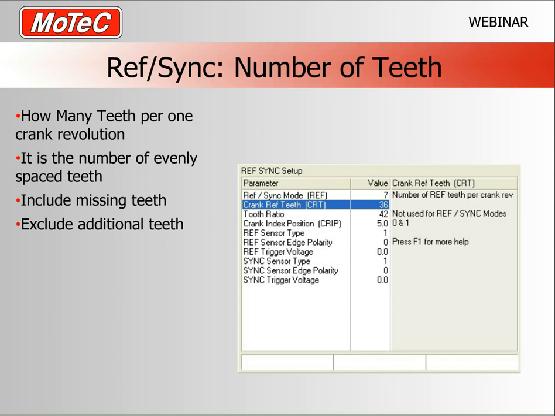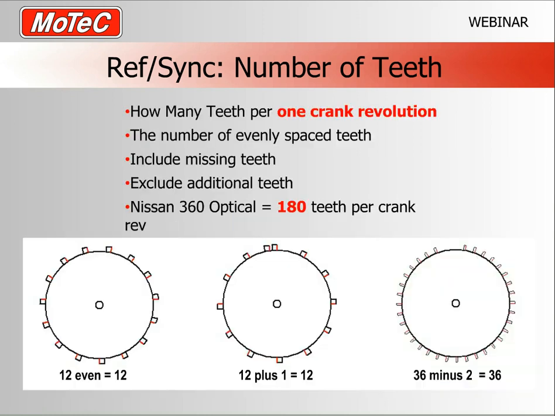So if we have a missing tooth mode, we would include the teeth that would be there if they hadn't been cut off. And we would also, on a, say, a 12+1 setup, we would exclude the additional tooth. So it's the number of evenly spaced teeth that would be there, ignoring missing and additional teeth, and it's for one revolution of the crank.